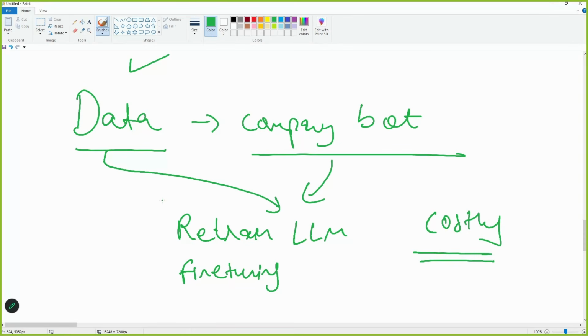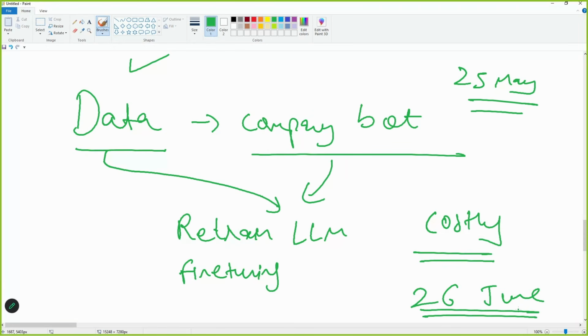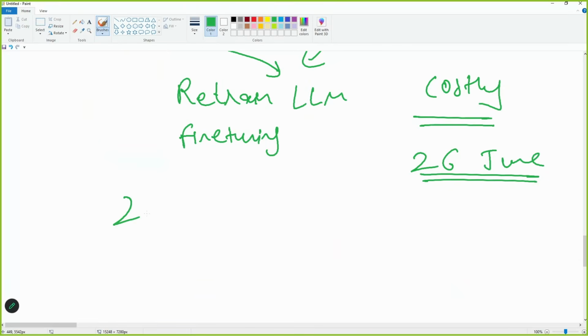But the problem with this was, we trained a large language model on some date. Let us say on 25th May we trained it, right? On 26th June, we have some new data incoming. On 28th August, we have new data incoming. We continuously have new data incoming in our organization.